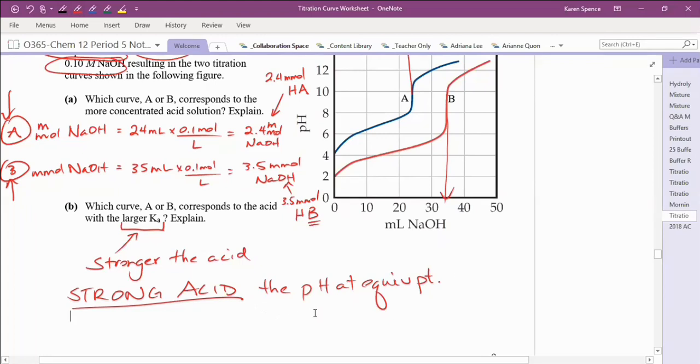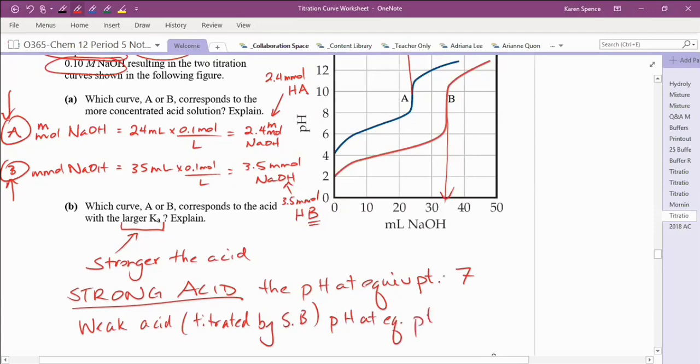Yeah, it's going to be 7. And when we have a weak acid titrated by a strong base, the pH at the equivalence point will be greater than 7. And so from that, you can make a generalization.